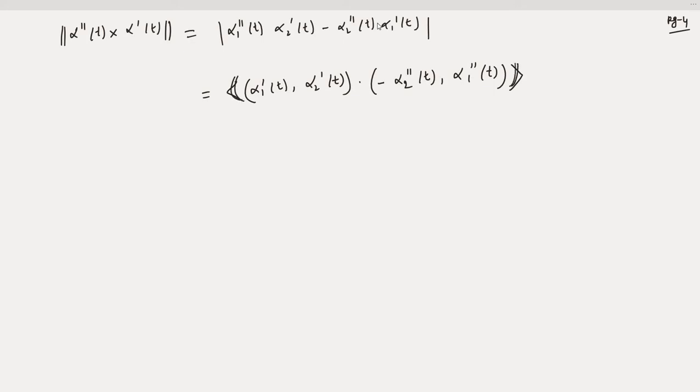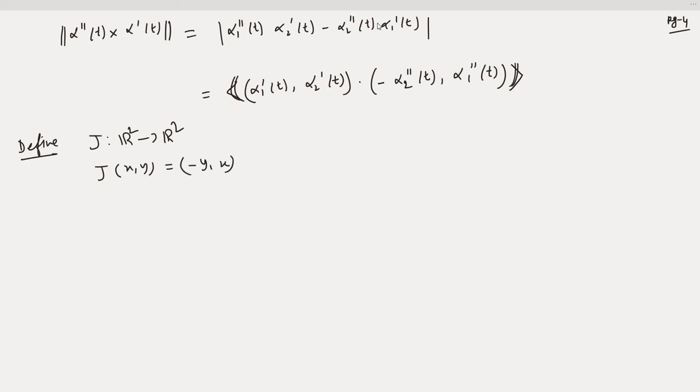Okay, and let me define a function j from R2 to R2, where j of x comma y equals minus y comma x.